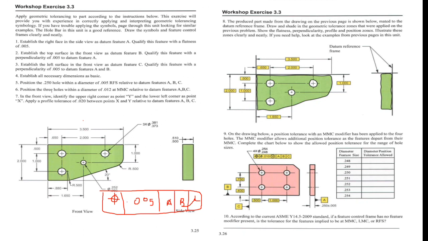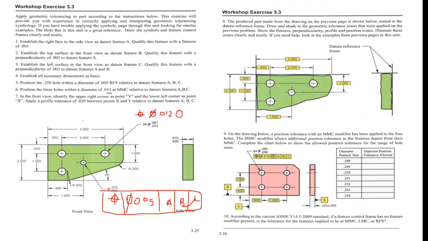Then next is the position of the three holes with a diameter of, okay, these three holes. So this is my position symbol, and the tolerance is a diametric tolerance, so this is the diameter symbol, and this should become 0.012 at MMC.